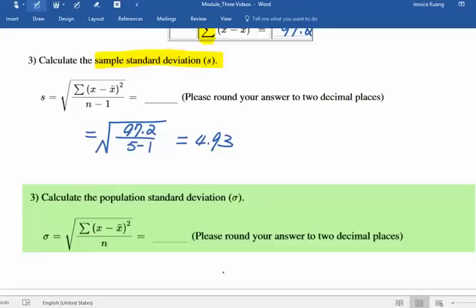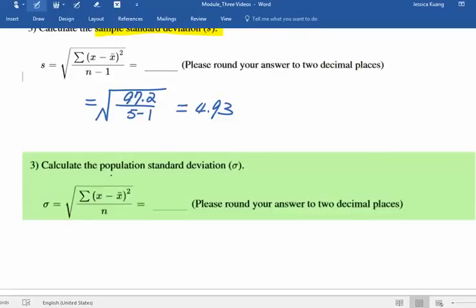Assuming we are calculating the population standard deviation, we will have to divide 97.2 by the sample size, which is 5. So I will take the square root of 97.2 divided by 5.